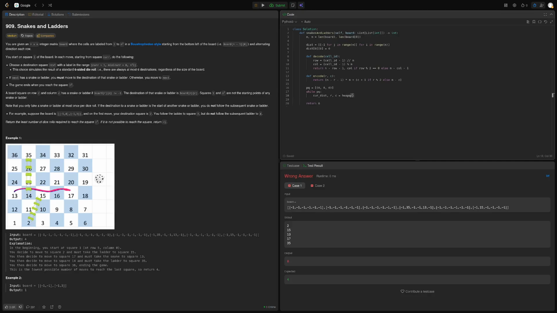Heap Q, heap pop, priority Q, and then cell ID encode RC.